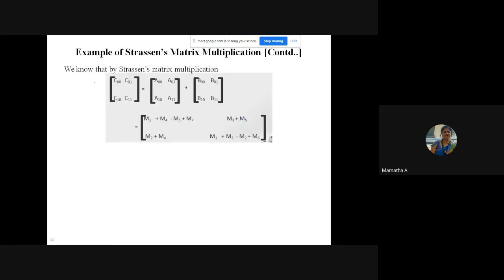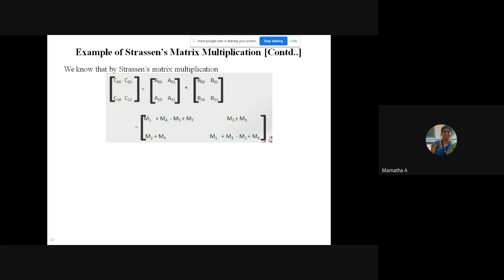Okay. So we should now give what Strassen's matrix multiplication is telling. We know that by Strassen's matrix multiplication, if I have two matrices in this way, the resultant matrix, which I have quoted as C00, C01, C10 and C11, will be computed using the formula M1 plus M4 minus M5 plus M7, M3 plus M5, M2 plus M4, and M1 plus M3 minus M2 plus M6.